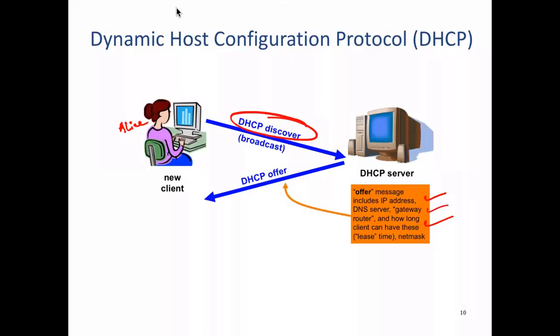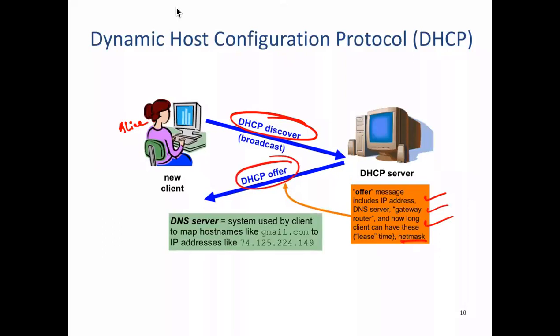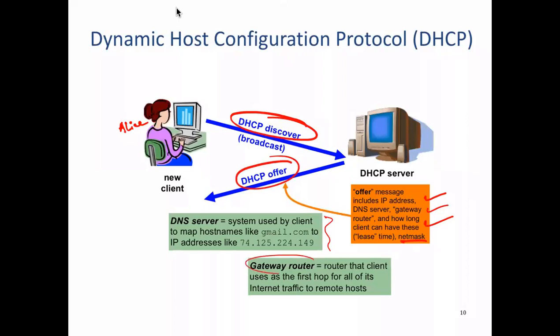The client may close the laptop and move away. Doesn't mean that IP address cannot be used by anybody else, right? So there is always a lease time, and of course a net mask. So she receives offers from multiple servers, and we know what the DNS server is. We also know the gateway router by now, right? So now this is the next step.